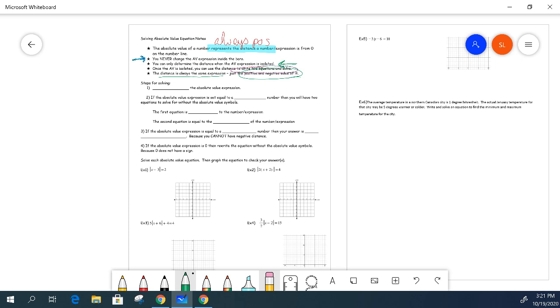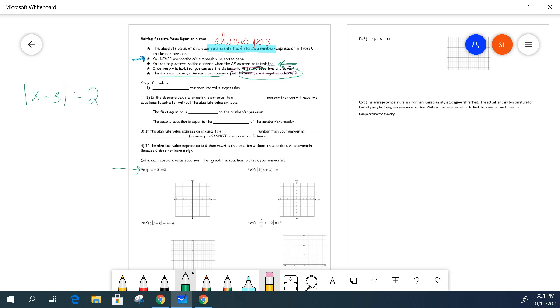I'm going to work this example as we go through the steps. So we have the absolute value of x minus 3 is equal to 2.